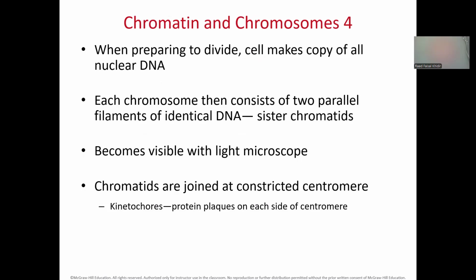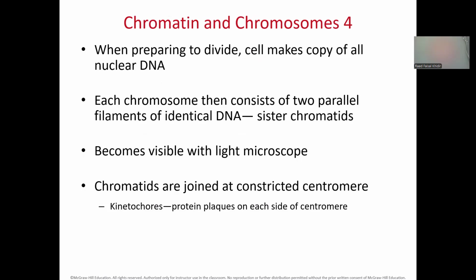That's wrong. We need a cell with 46. So first, we double up, multiplying 46 by 2. Then we separate so each cell can have its own 46. That is known as DNA replication.